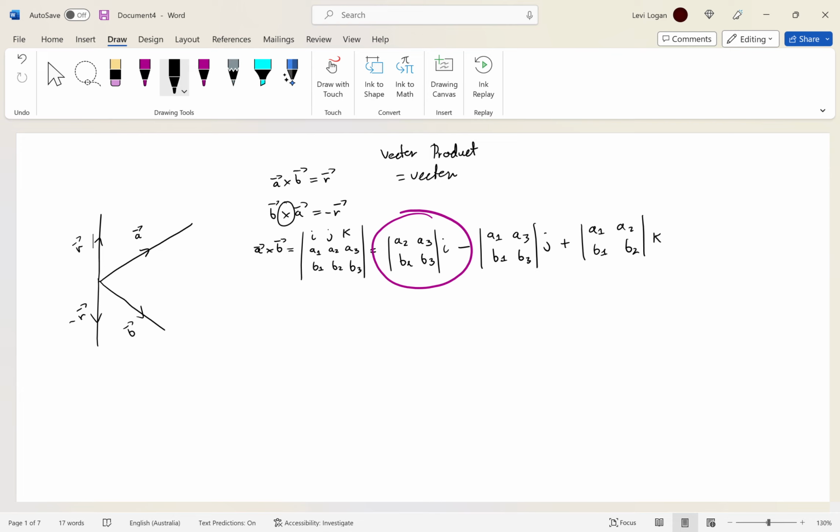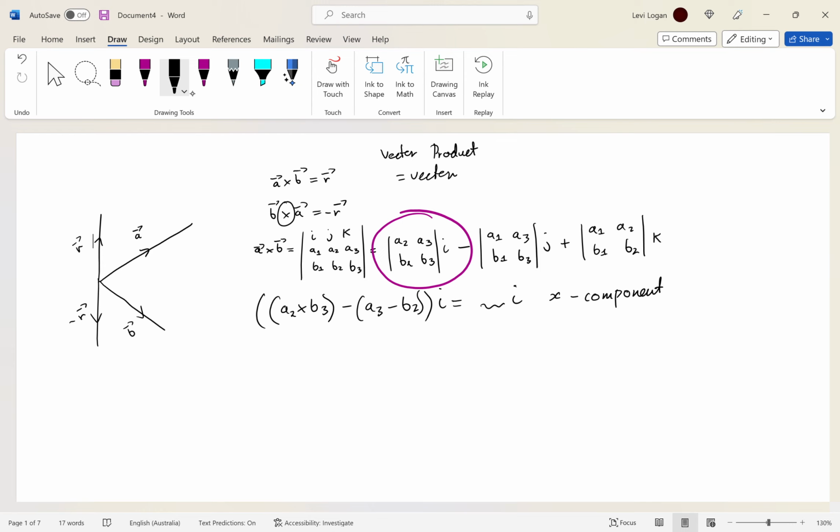So the determinant of this would be A2 multiplied by B3, subtract A3 multiplied by B2, put that all in brackets with an I, and that'll give out some number times I, okay? And that's our X component of our vector product.